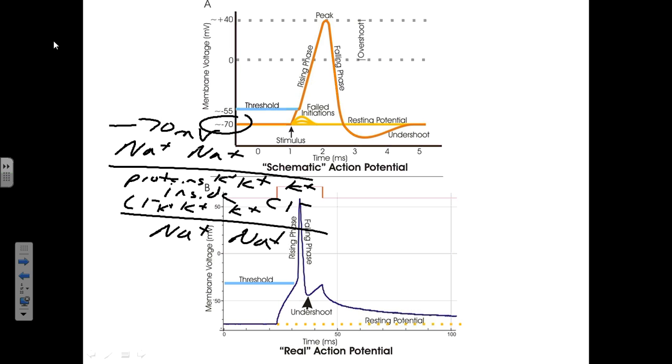What process builds up gradients? It did it in photosynthesis, it did it in transpiration, active transport, right? Something has to be pumped. And what's the most common example of active transport we talked about in this class? The sodium-potassium pump. That pump inside the neuron pumps potassium into the neuron and sodium out constantly to keep this setup, to keep this gradient.